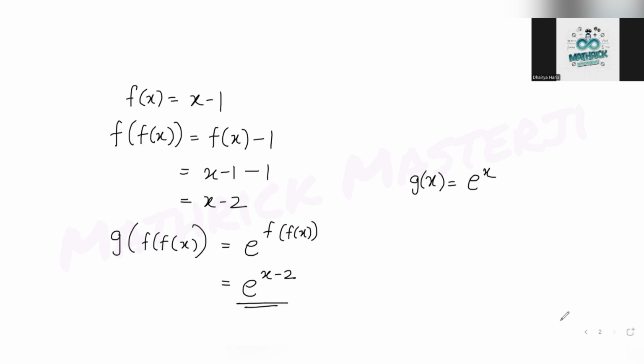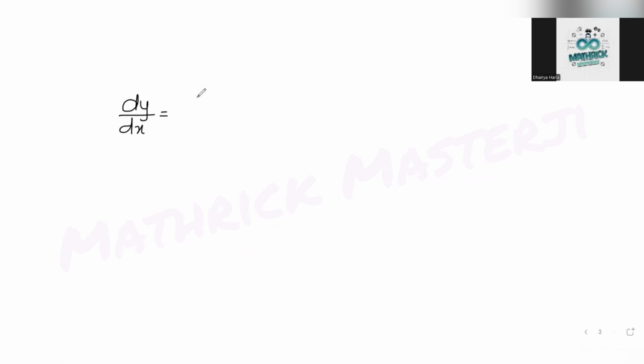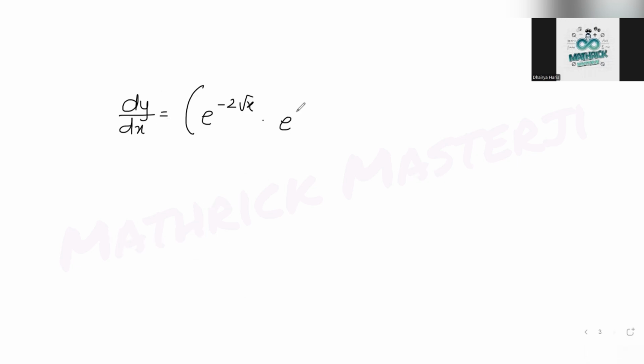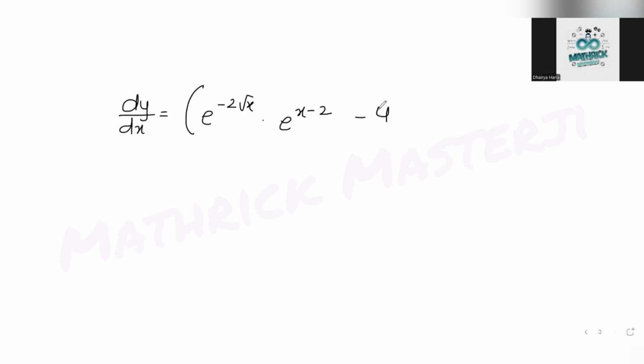Now, if I write dy by dx, I get e raised to minus 2 root x into g of f of x, which is e raised to x minus 2, minus y over root x. So I've just written whatever they have given to us in the question, replacing g of f of x with e raised to x minus 2.